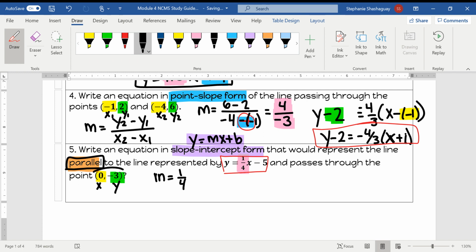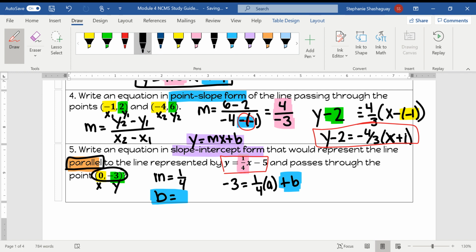Now what I'm going to do with this information right here is find my b. So to find my b, I'm going to use the 0, -3 and plug it in. So -3 is equal to 1/4 times 0 plus b. And remember, we are trying to find the value of b so that we can write our equation.